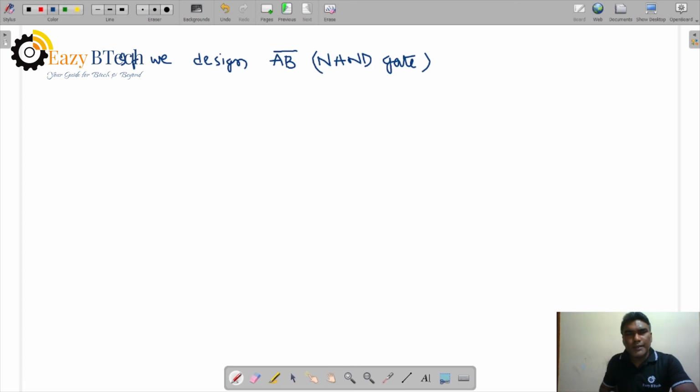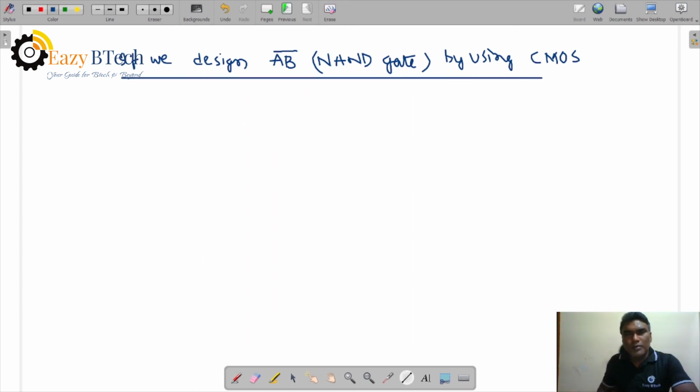How will it be designed by using CMOS design? AB, NMOS in series. AB means AND logic, and AND logic means A and B are in series. You see this one. A and B are in series.